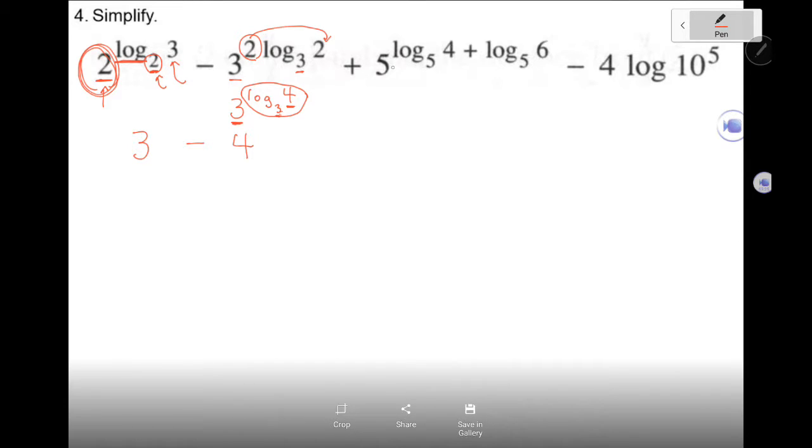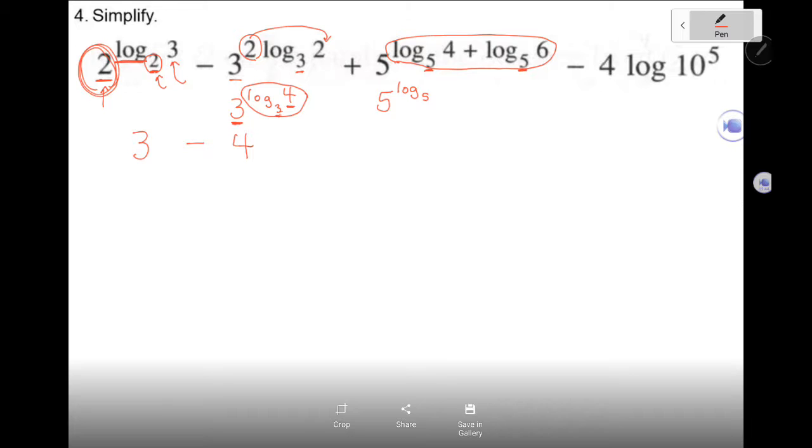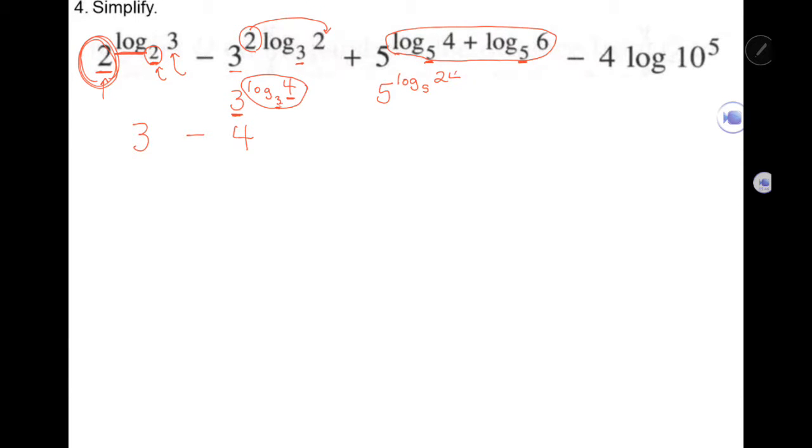So same thing happens over here, except that we better simplify this first. And our rules of logarithms say that when I add exponents with the same base, 5 here in both places, I'm allowed to combine that. So I'm going to say 5 to the log, just 1 this time, base 5, of 4 times 6, that's 24.